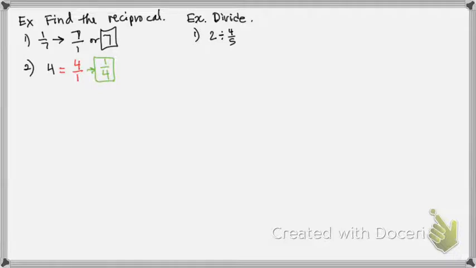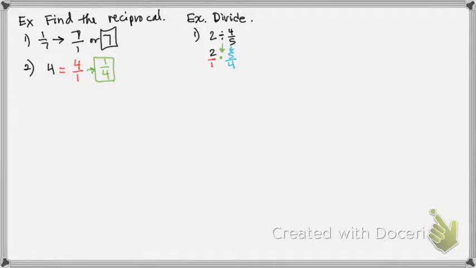So first thing, we're going to rewrite the whole number as a fraction, giving it a denominator of 1. We're going to change the operation to multiplication. And then we are going to flip or take the reciprocal of the second fraction.